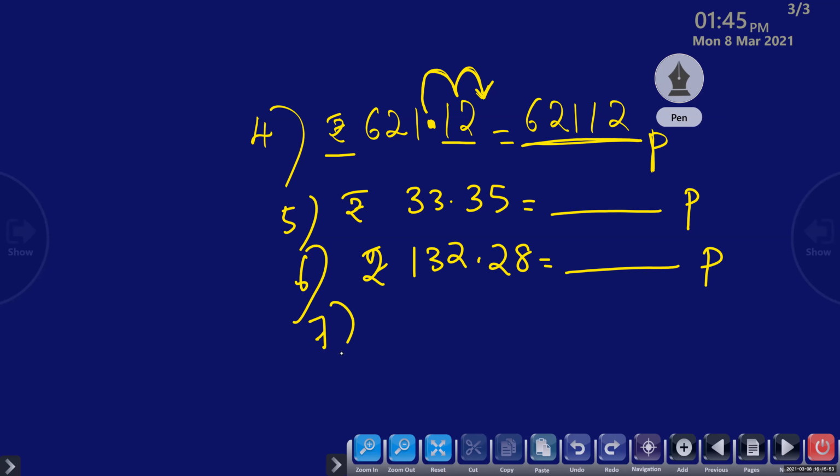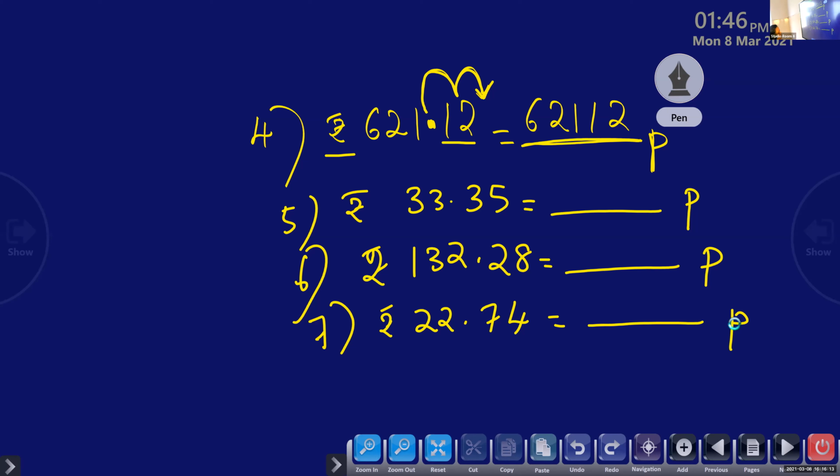Question number 7. 22.74 rupees to dash paise. So when we convert rupees to paise, it means multiply. Multiply means what we have to do? Write the number without any decimal point. So what's the answer, children?